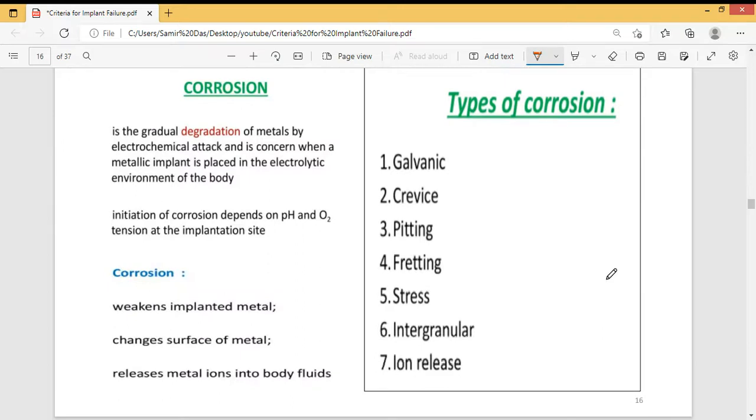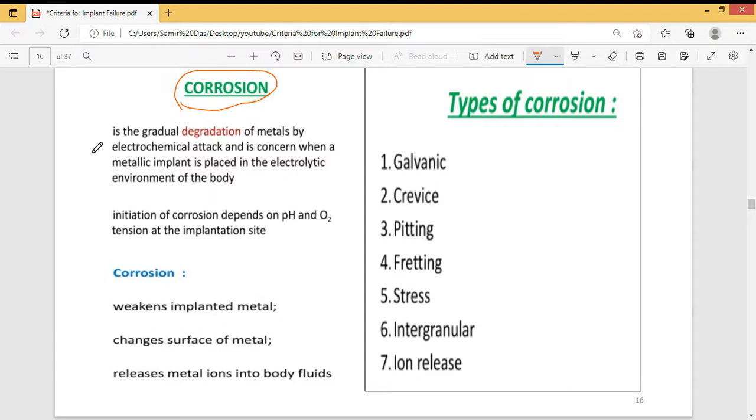Now the most important point: most modes of failure in biomedical implants occur due to corrosion only. Corrosion is the gradual degradation of the metal by electrochemical attack, and is a concern when a metallic implant is placed in the electrolyte environment of the body.